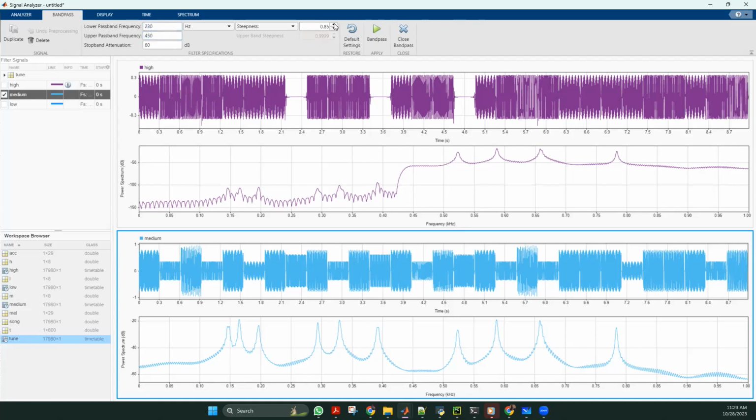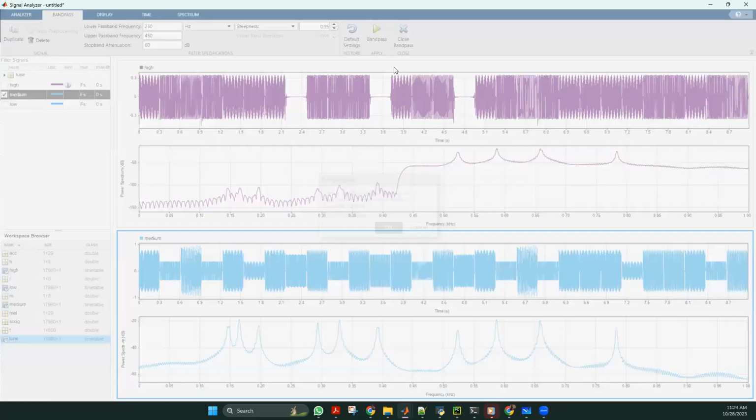And then I have the steepness. I will increase it up to 0.95, which is actually quite a high value, but I'm doing it to make sure I cut the signal and do the filtering exactly around that frequency. Then I apply the band pass filter.